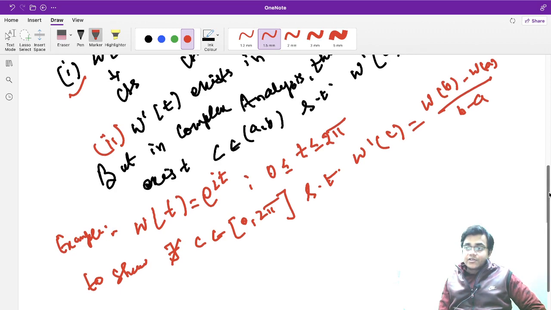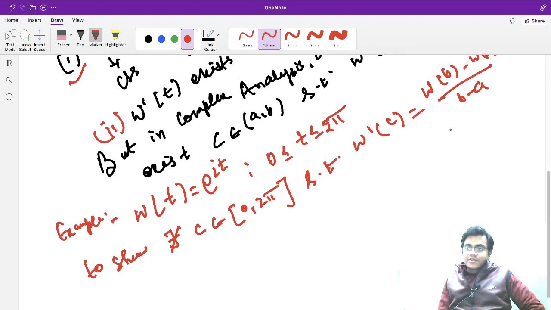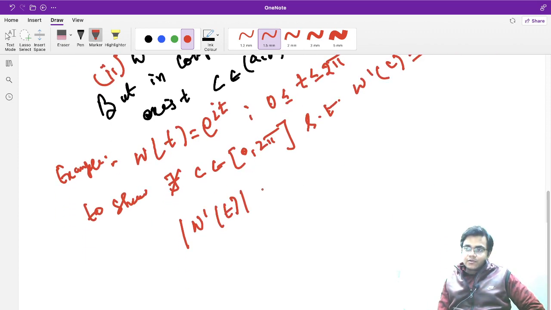So certainly we need to show it, isn't it? So now w dash c is the thing. If we find mod of w dash t, then what do you think? What is going to be obtained? Mod e to the power iota t, and mod of e to the power iota t is 1.